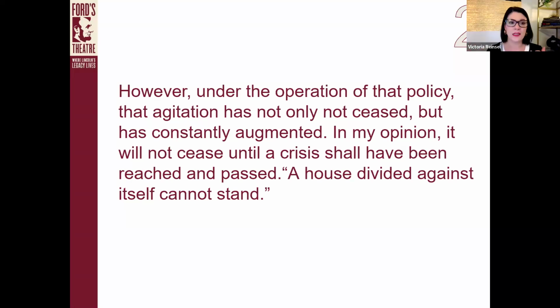So we can think of antithesis as being straight up opposites, like hot and cold, north and south, right? We can also think of them as things that are held up in contrast. So when he has that first sentence here, however, under the operation of that policy, that agitation has not only not ceased, but has constantly augmented.